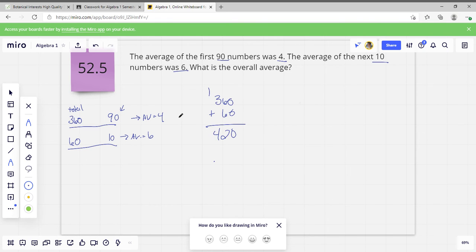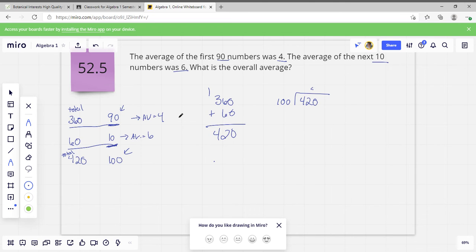We get 420. Now we just have to divide to find the average. So 420 is the total of all the numbers. Okay, and we had 100 numbers. So we had 90 numbers plus 10 more numbers makes a total of 100 numbers. So we're just going to divide by 100, and that's really easy.